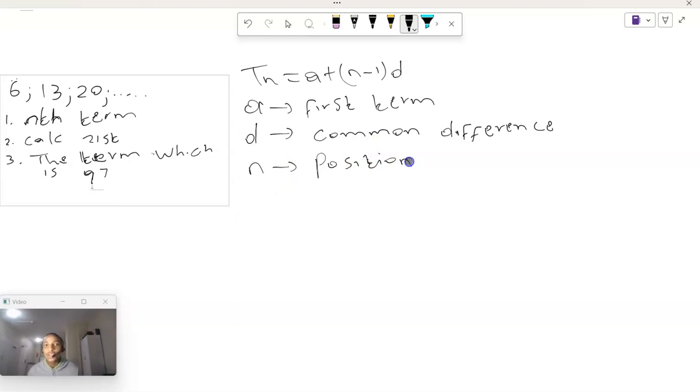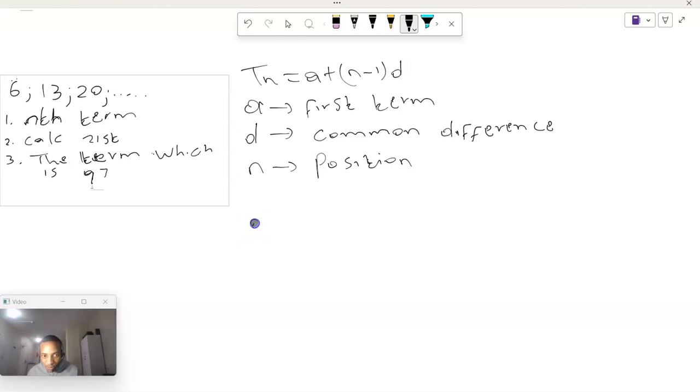These three things are very important in an arithmetic sequence. Now we will identify how to find the value of d, our common difference.